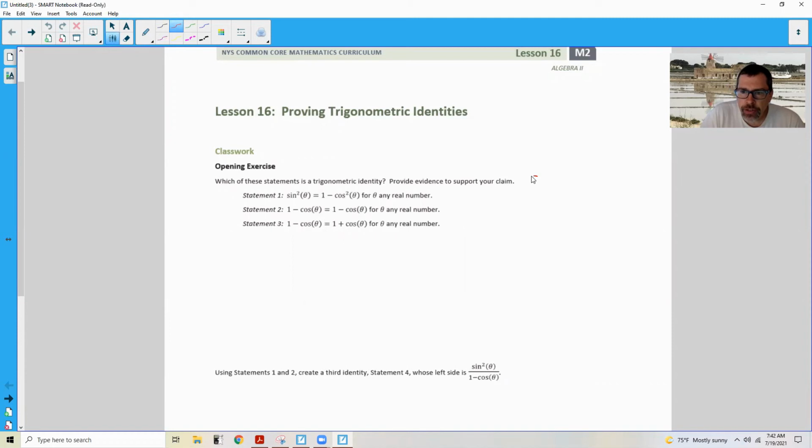So if I take sine squared theta plus cosine squared theta equals 1, that's the Pythagorean identity, and I subtract cosine squared theta from both sides.